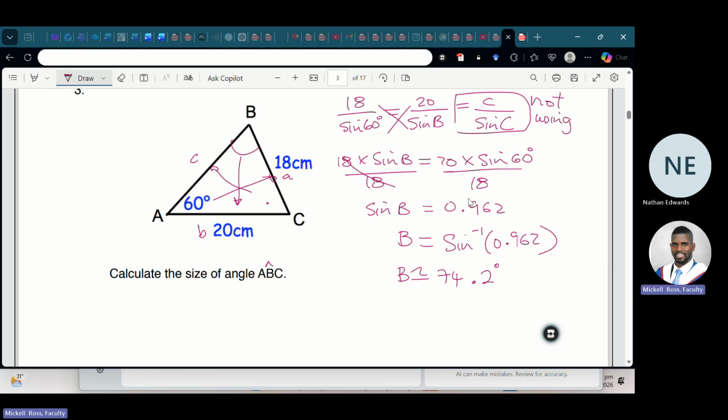So with that, if you want, you could go ahead and find the area as well. But since they never asked for it, for this one, we're not going to work it out. We're just going to move on to another question.